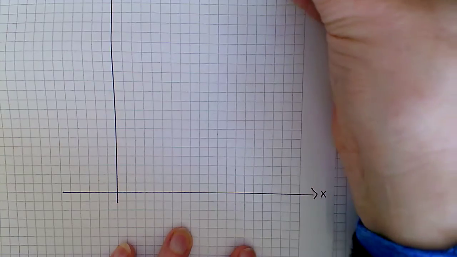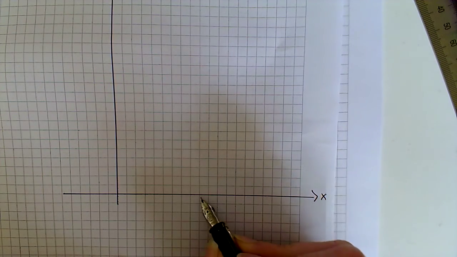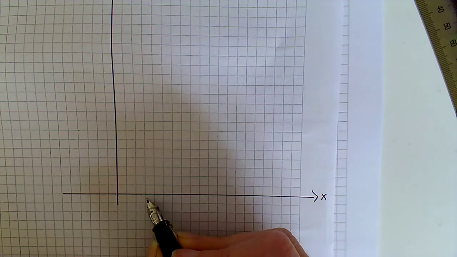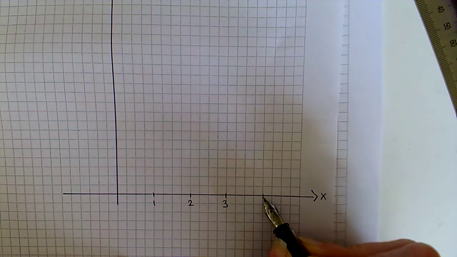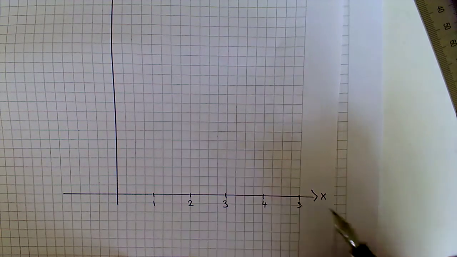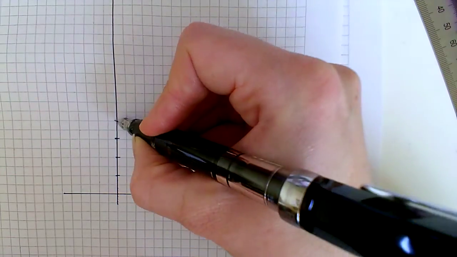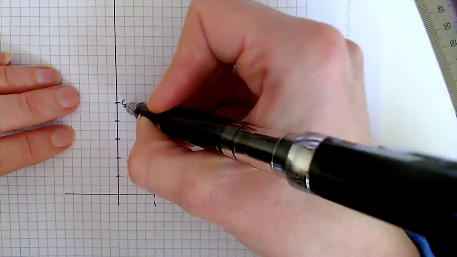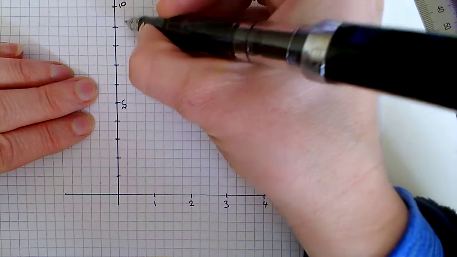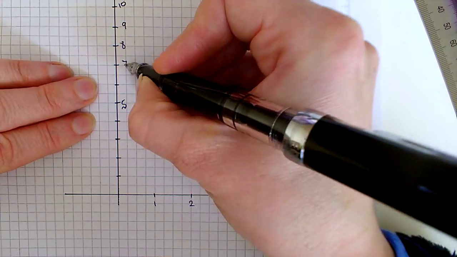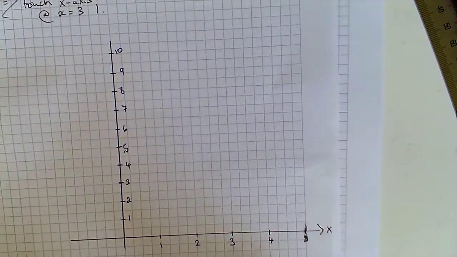So my x-axis needs to get as far as 4. Let's give plenty of space here. 1, 2, 3, 4, 5, and 6, 7, 8, 9, 10. You don't have to draw in all the numbers. So you've got the main ones there, you're fine.